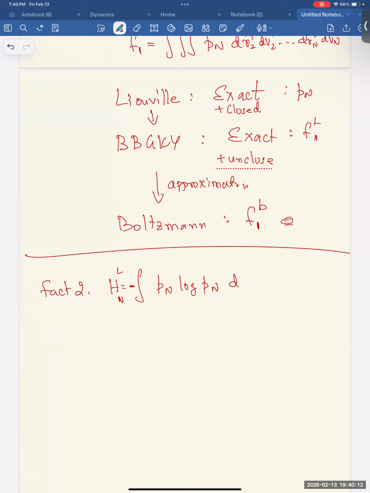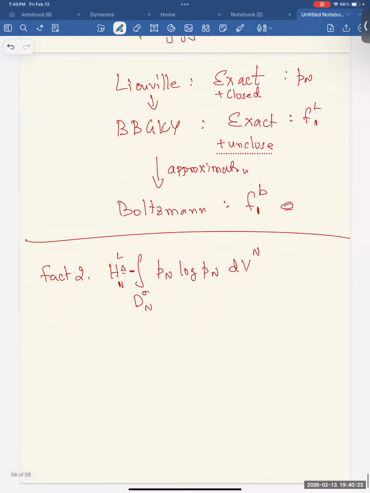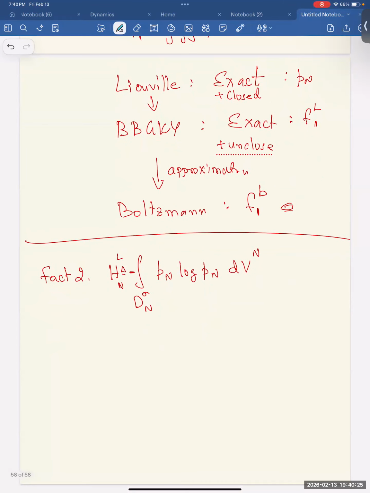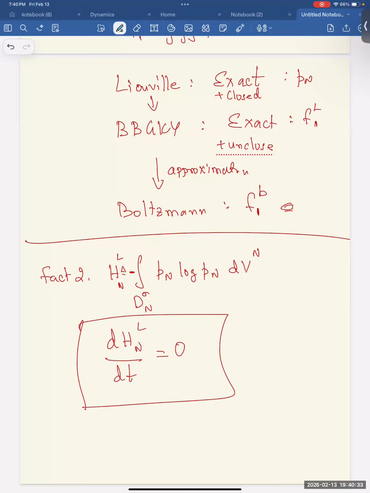This is over this entire 6n sigma space. I'm just going to call it Pn. So this is over d sigma n, right? Let's define the entropy corresponding to the Liouville equation, okay? So it is easy to see that this would always be 0, right? You have precisely reversible dynamics. You have time reversal symmetry.